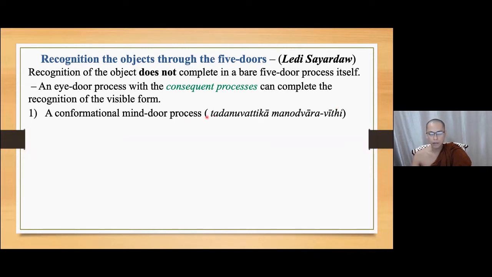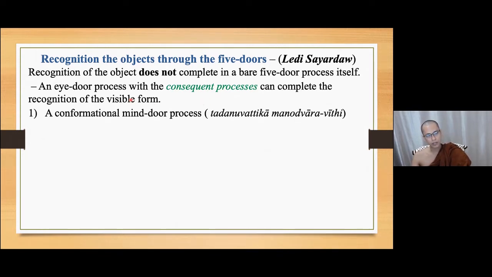It takes the same object as the preceding eye-door process. But the difference is, at the moment of the eye-door process, the object is in its lifespan, which means the present.